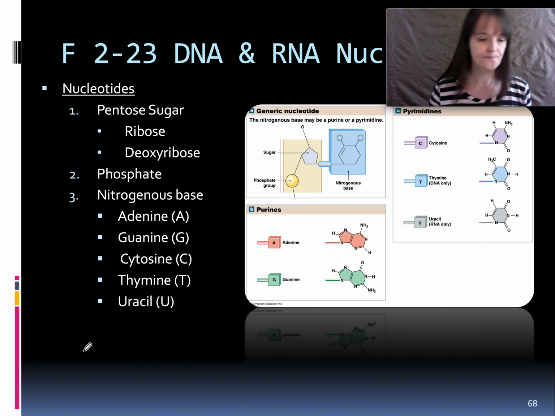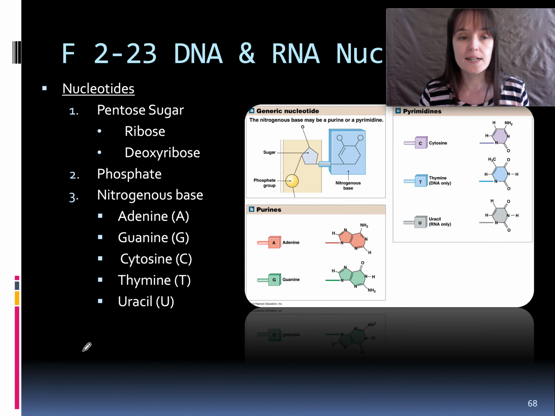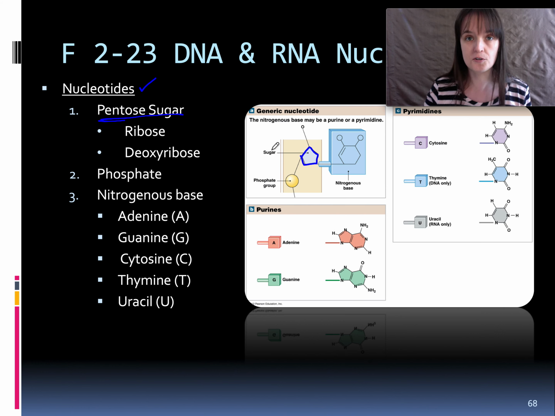Let's dig in. Monomers of a nucleic acid are called nucleotides. Nucleotides have three parts. You have the pentose sugar, and the pent means 5, so this is your 5-sided sugar. There are two different pentose sugars used in nucleotides.